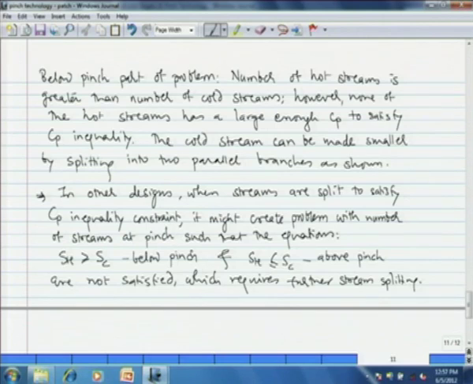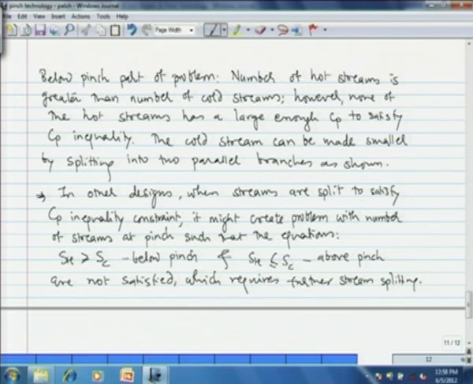In some other design problems where the streams are split to satisfy the Cp inequality constraint, it might create problems with the number of streams at pinch, such that the equations SH greater than or equal to SC below pinch and SH less than or equal to SC above pinch are not satisfied, which may require further splitting of the streams.